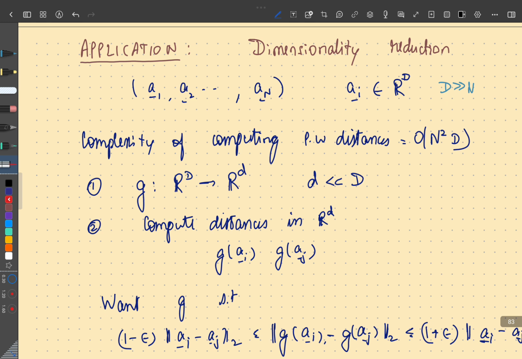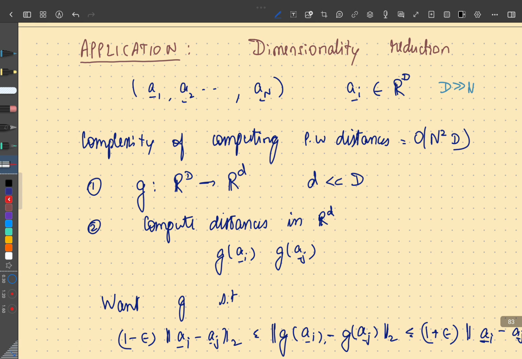So the dimensionality reduction problem is the following. We want to map these high dimensional vectors into some lower dimensional space, from R^D down to R^d, where hopefully little d is much, much smaller than capital D. But in the end, we can't do this losslessly. It's not possible to do it without losing some amount of information.